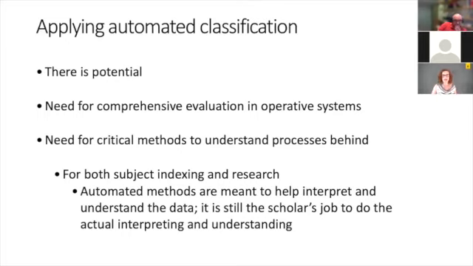Because as much as we said that subject indexing needs to be only semi-automated rather than fully automated, all things concerned. Similarly, when it comes to research, when we do information literacy or data literacy education for our users, it's important to emphasize that automated methods are meant to help interpret and understand the data. But it's still the scholar's job to do the actual interpreting and understanding.